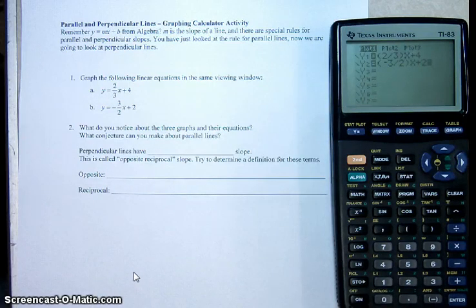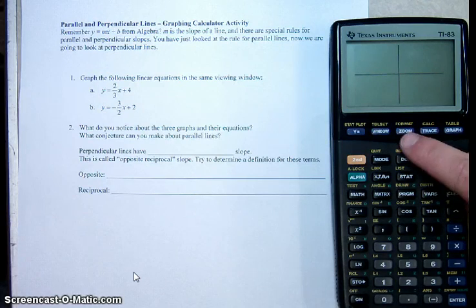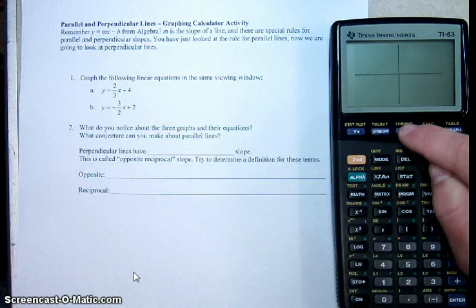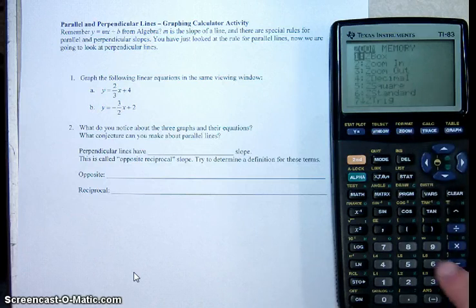Now I want to go ahead and see what the graph looks like. So if you go to the upper right hand corner where it says graph and just push that, you can see the calculator is thinking up there. Some of you the lines might appear. If they did not appear, go ahead to this middle and hit zoom, and you're just going to hit number 6.